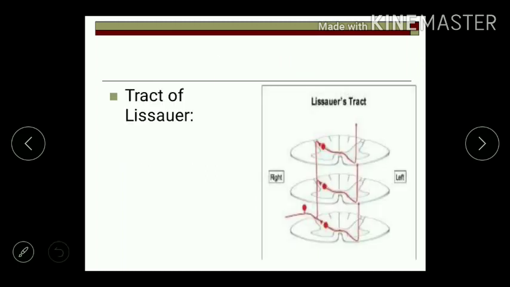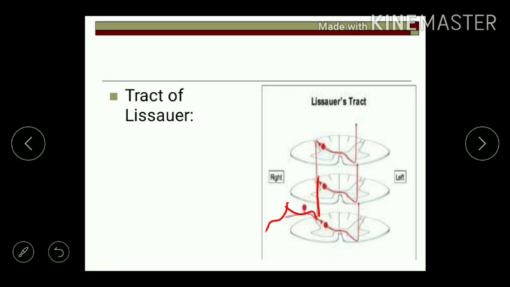Now here is another terminology, the tract of Lissauer. What is it? After entering the spinal cord, you can see here, this is the first order neuron, dorsal root ganglion, this one. After it enters the spinal cord, the fibers separate into short ascending or descending fibers, and they form the dorsolateral tract of Lissauer, and they end finally on the nucleus proprius of the spinal cord, in either above or below sections.